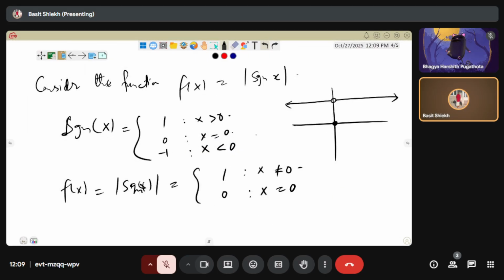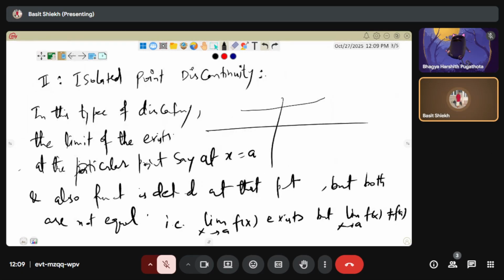So how will it displace? It will displace as in the second diagram.